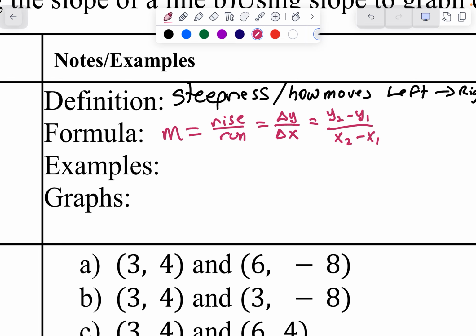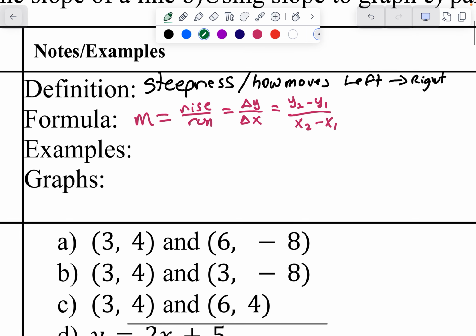So the definition is, how is my line moving from left to right? It's about its steepness. If you have a slope of, let's say, 2, you always want to think about it as a part over another part.